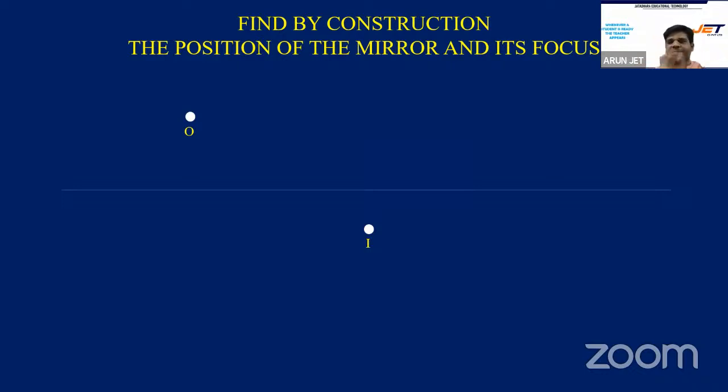Students, if I join object and image, that line will pass through the center of curvature of the mirror. Why? Because a ray passing through the center of curvature will retrace its path. I'm joining object and the image, which passes through the center of curvature, C, of the mirror.